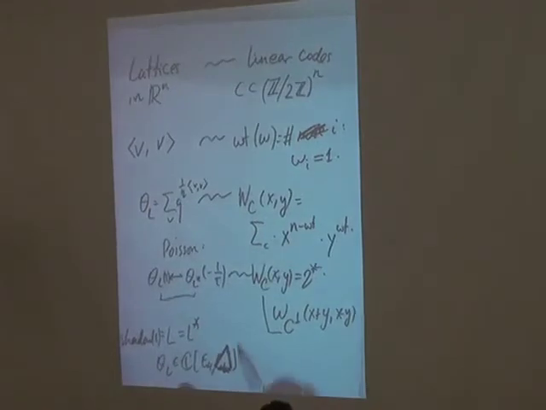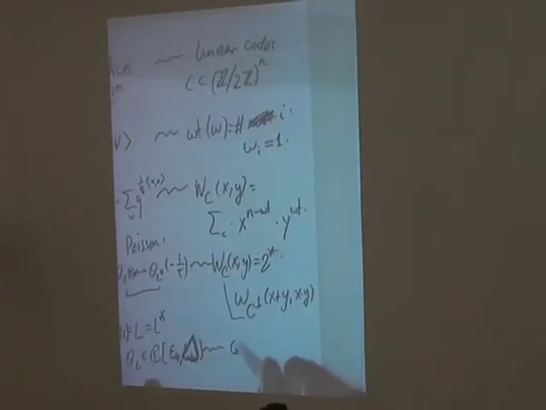And this corresponds to the theorem of Gleason, which is that a doubly even code is invariant under the group.